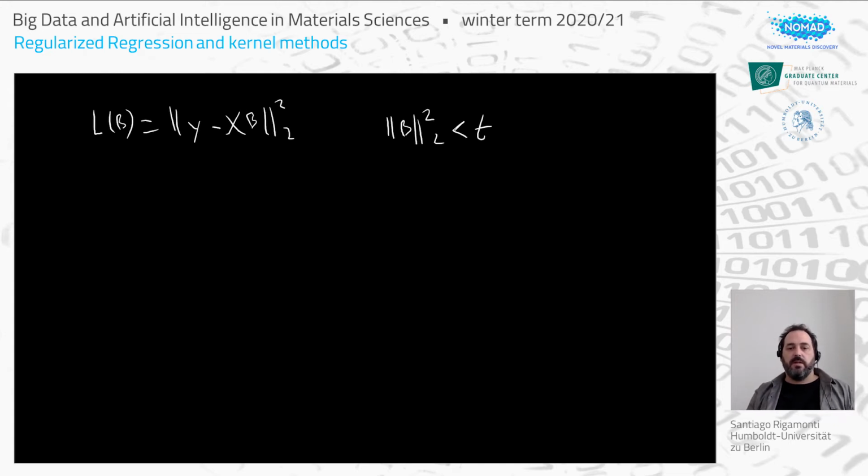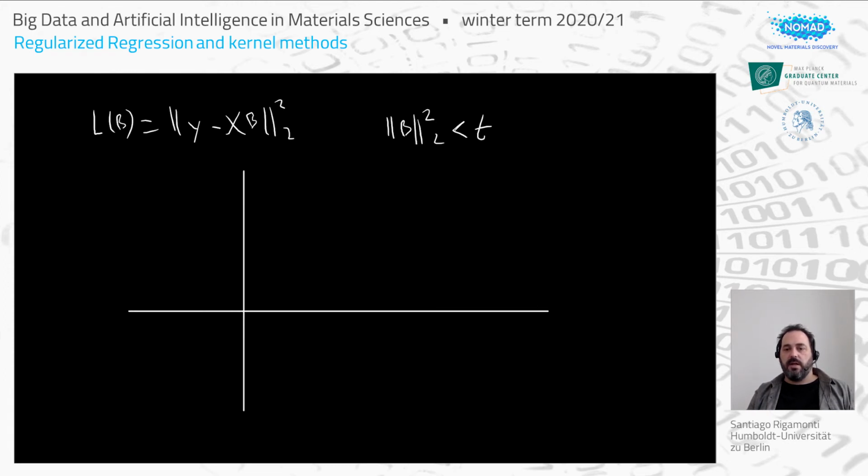Let's see how the solutions look in the space of coefficients beta. We will consider a case with two input parameters, so we have here beta 1 and beta 2. Here we will have the optimal solution for the unconstrained problem.